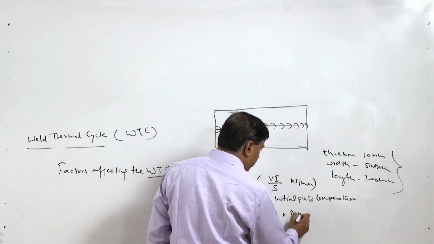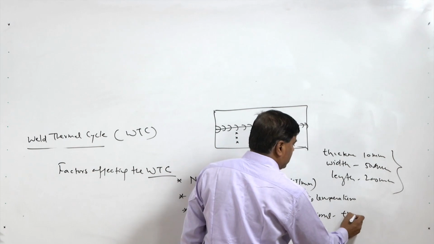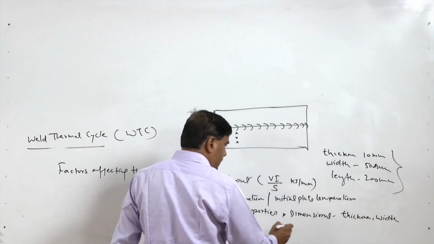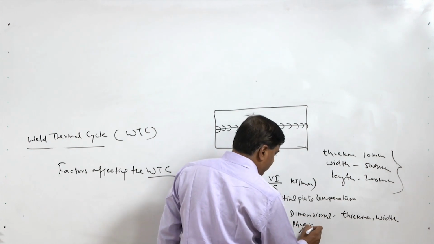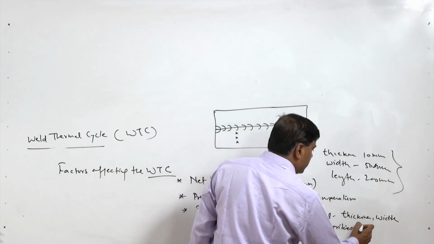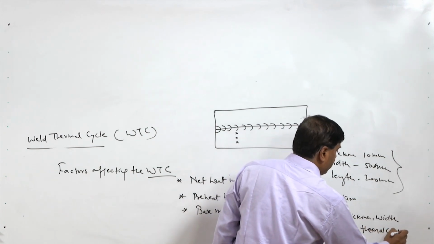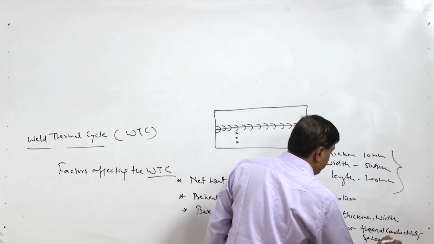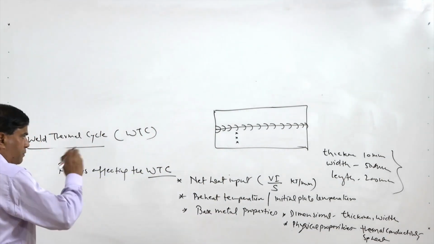One is the dimensional properties, which include thickness, width, etc. And the other one, the physical properties, or you can say thermal properties, and these include thermal conductivity and specific heat. These are the two important properties of the material that affect the weld thermal cycle. So, we will take up all these points one by one.